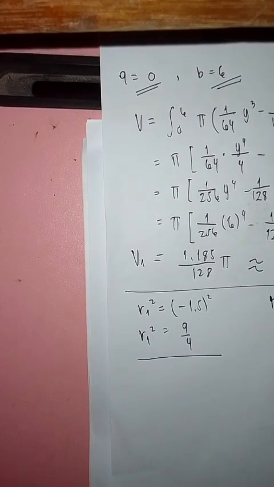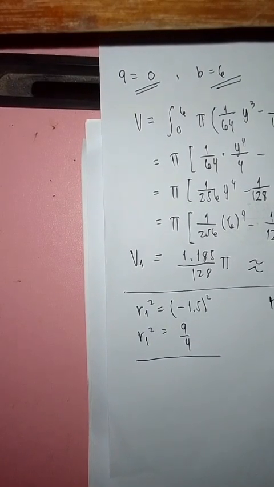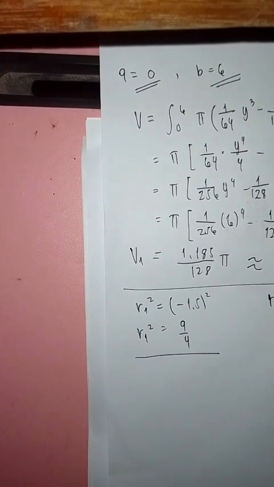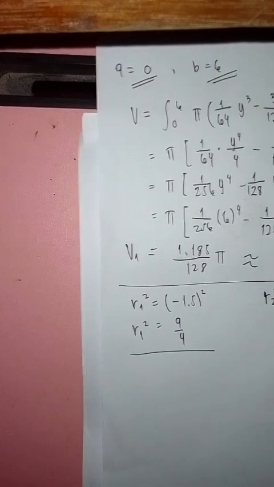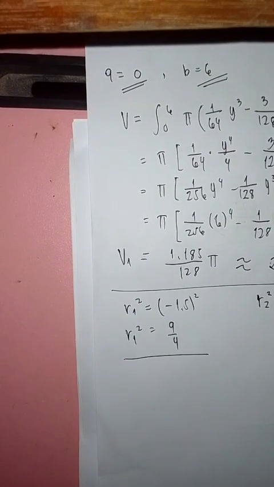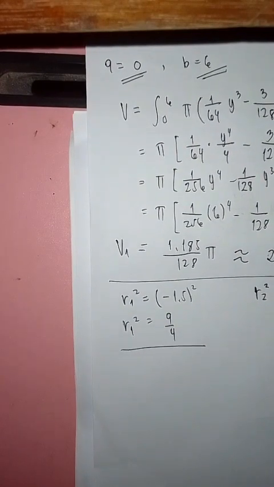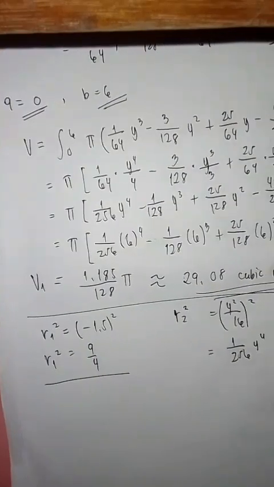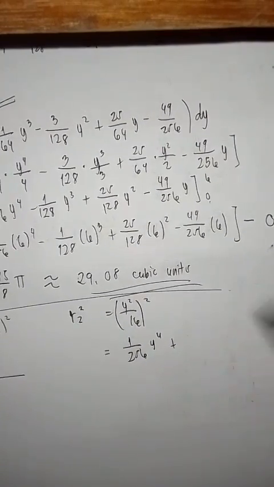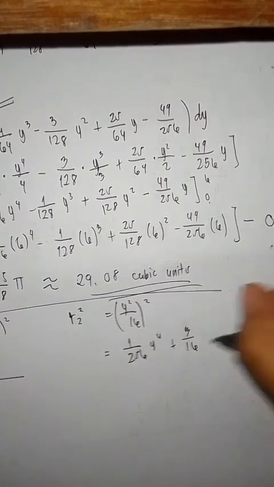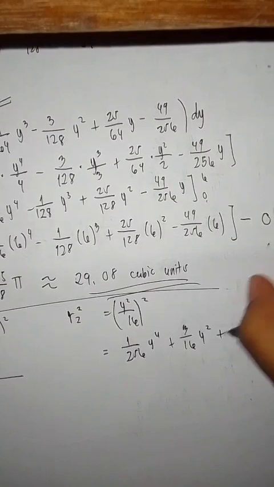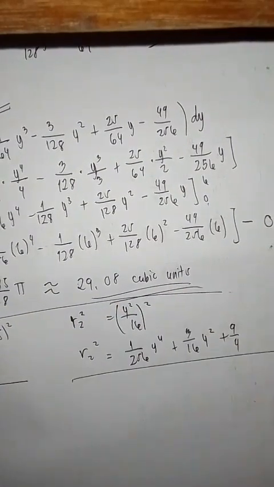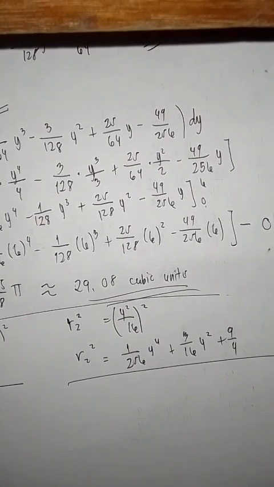Our r sub 2 squared is equal to (y squared over 16) squared, so this is equal to 1 over 256 y raised to 4 plus 3 over 16 y squared plus 9 over 4. This is our r sub 2 squared.